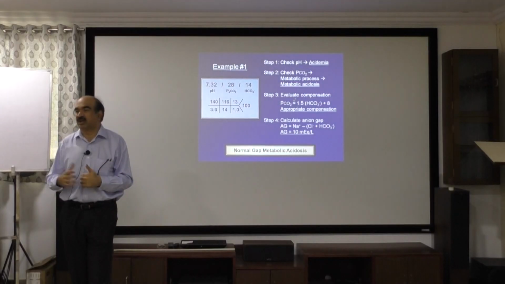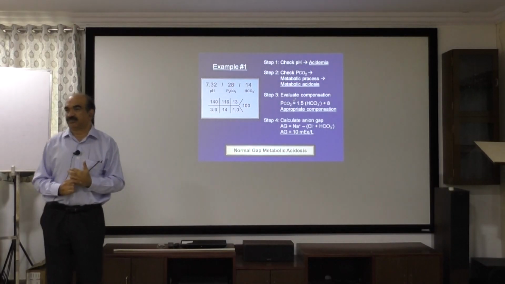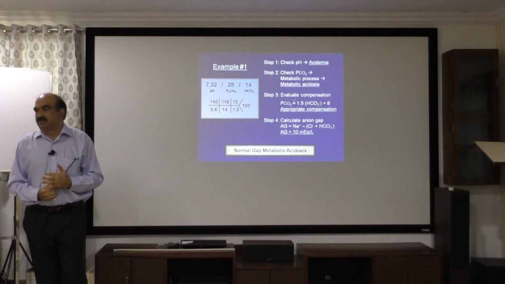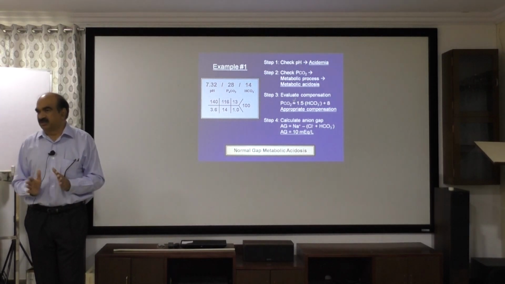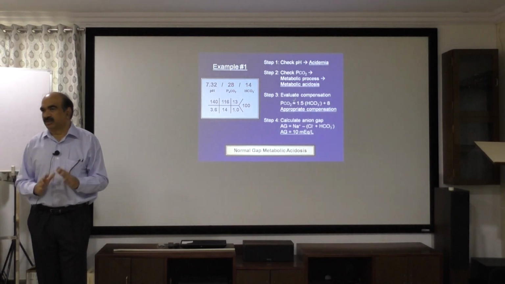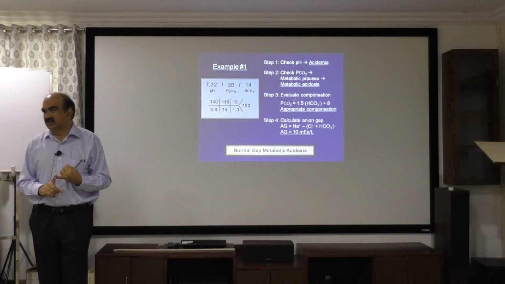Name one condition for normal gap metabolic acidosis. Bicarb loss. One mechanism is bicarb loss. Two important causes are diarrhea and renal tubular acidosis. In diarrhea, there will be loss of bicarb and accumulation of chloride.